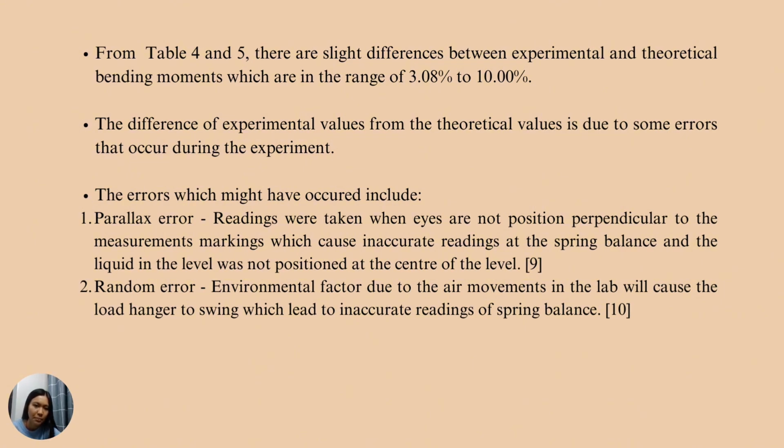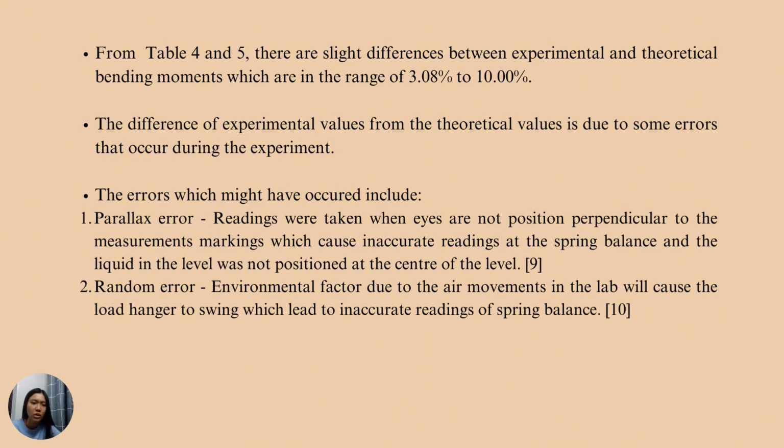3.08% to 10%. The difference of the experimental value from the theoretical value is due to some errors that occurred during the experiment. The errors which might have occurred include, number one, parallax error, which is when the readings were taken with the eyes not positioned perpendicular to the measurements, causing inaccurate reading at the spring balance, and the liquid in the level was not positioned at the center of the level.